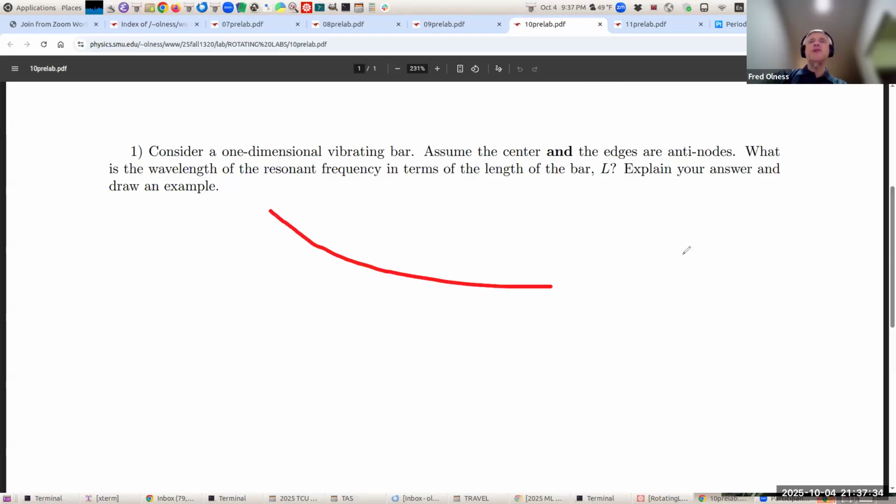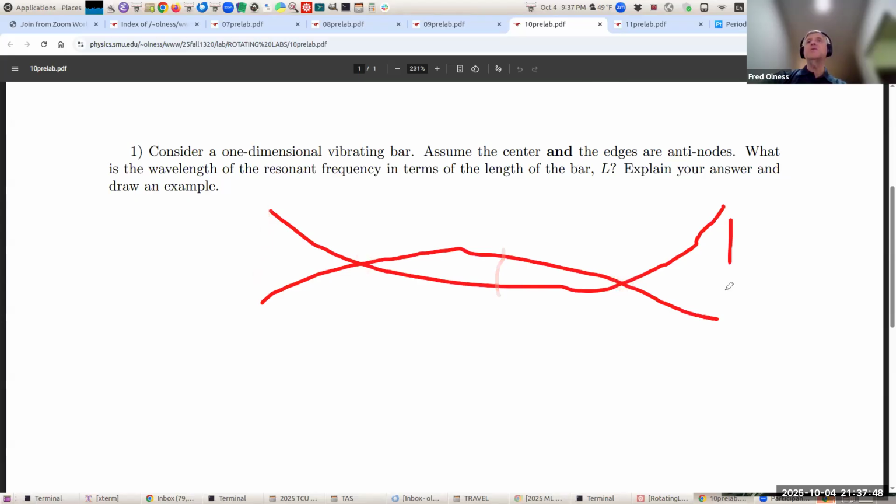If it's vibrating like this, then I've got a node here, a node here, and this is an antinode, antinode, antinode.